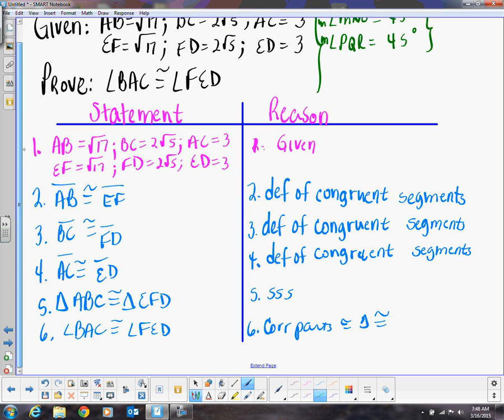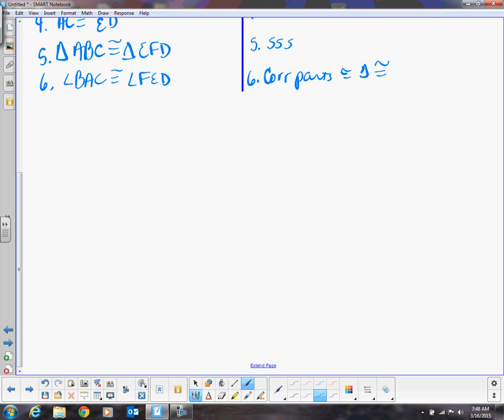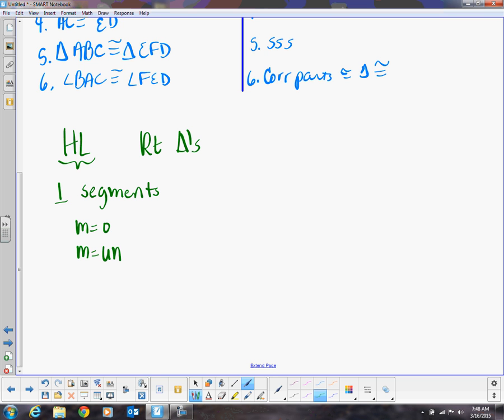If you're doing hypotenuse leg, that requires right triangles. So if you have hypotenuse leg, then you should have perpendicular segments. So you're going to have to find the slope of those perpendicular segments. Perhaps one slope is 0, perhaps another slope is undefined. That would mean horizontal and vertical.